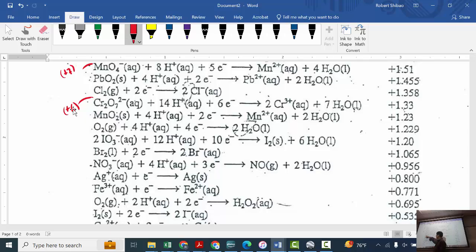Then we have this one. IO3 minus is called iodate. What's the oxidation state of iodine in iodate?